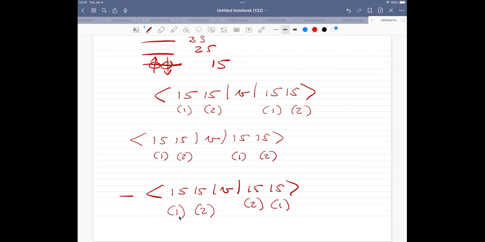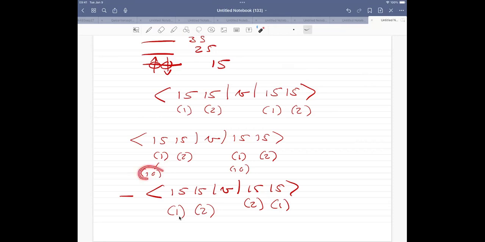Now, what you have to be careful with is that this state here can be a spin up, which would be a 1, 0, and 1, 0. And when you're setting up the matrix element, since the interaction does not depend on spin, we are summing out the spin degrees of freedom. So you need to take into account the case where this one is spin up, but also where it can be spin down.